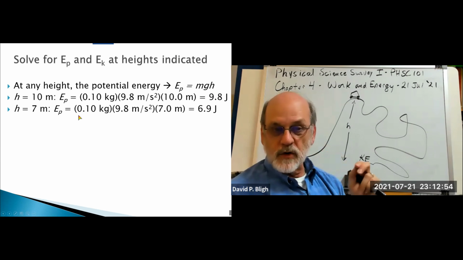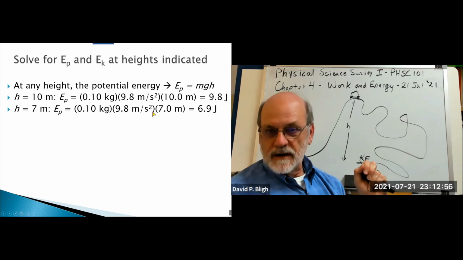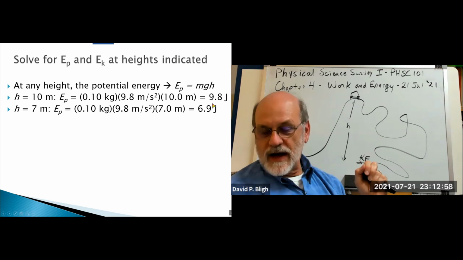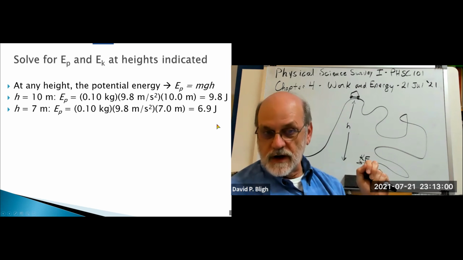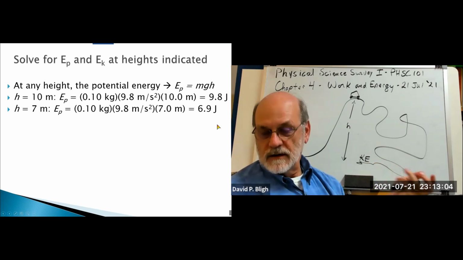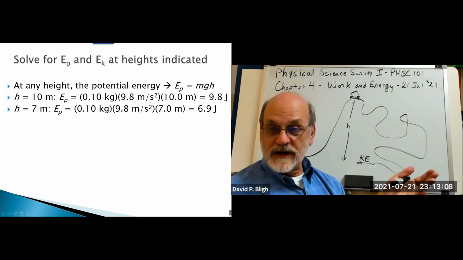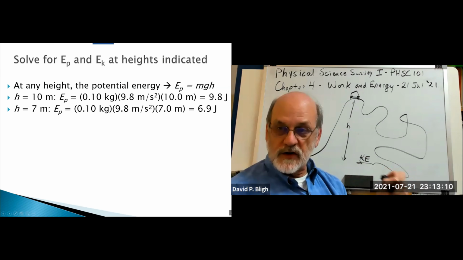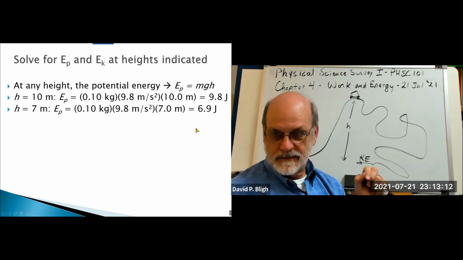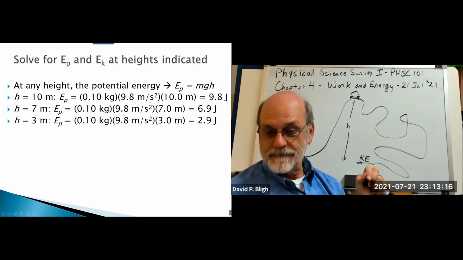Right? So when it moves to 7 meters, it now has only 6.9 joules of potential energy remaining. What happened to the other 2.9 joules? That 2.9 joules was converted into kinetic energy of motion. Okay?